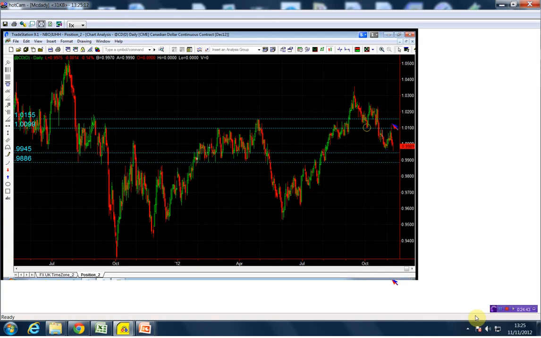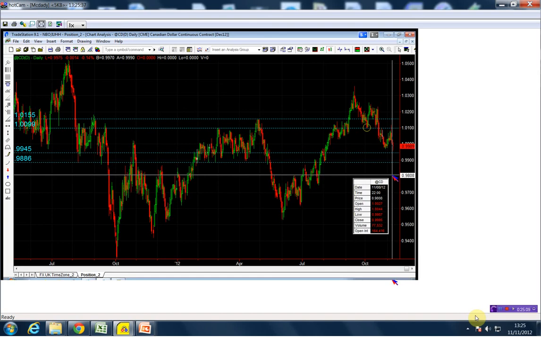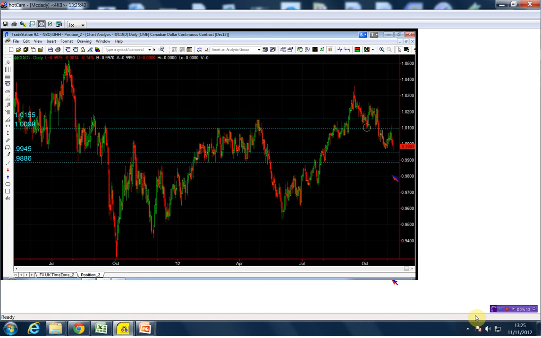This move is an excellent move because this confirms the structure point, and that is your failure to the downside. It's not really this low, it's 99.70. It couldn't even take out the low of the previous day. So I'm looking for the Canadian to be on the sell side, or I'm looking to be selling the CAD.